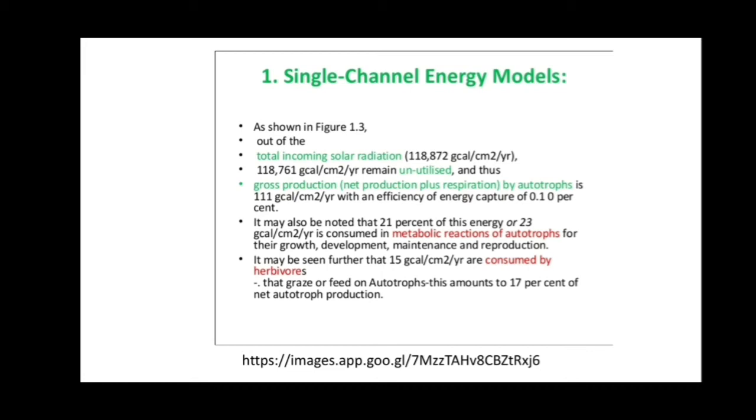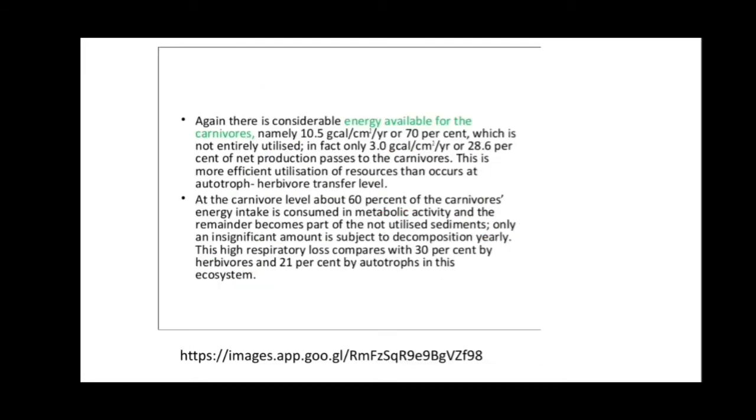It may be seen further that 15 gram calories per centimeter square per year are consumed by herbivores, so they graze or feed on autotrophs. This amounts to 17% of the net autotrophic production.